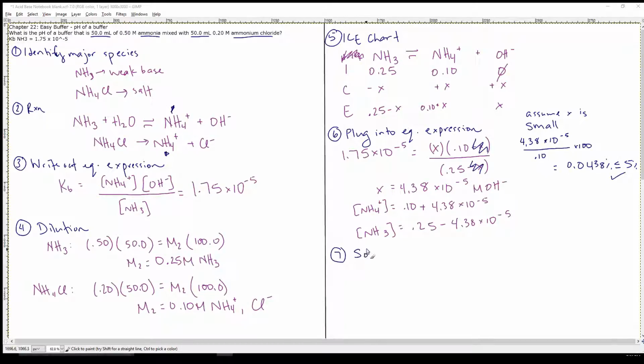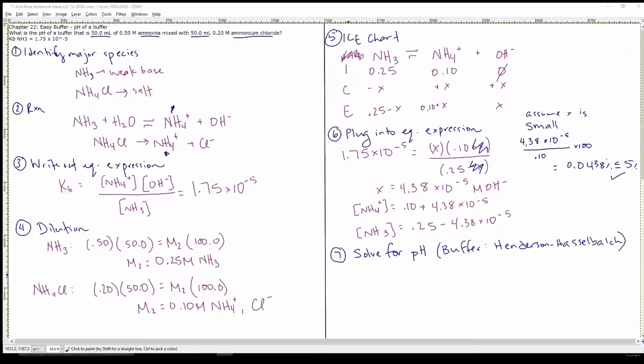Okay, so solve for pH. Remember, it's a buffer, so if you want to solve for pH, you need to use the Henderson-Hasselbalch.